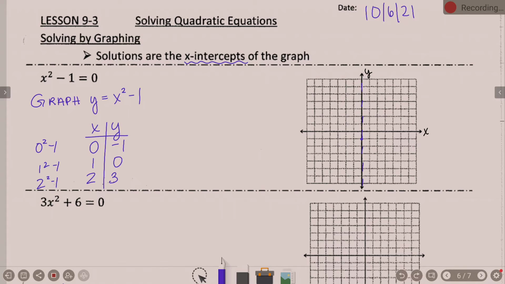What about 1, 0? Go to the right 1, up or down 0. 2, 3: over 2, up 3. That is the right half of my parabola.